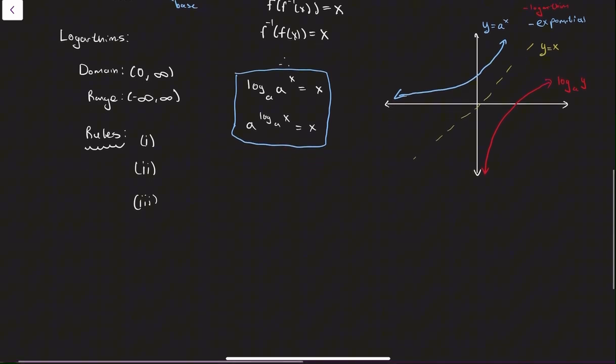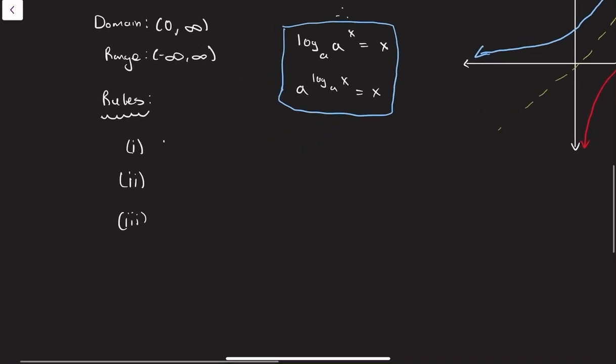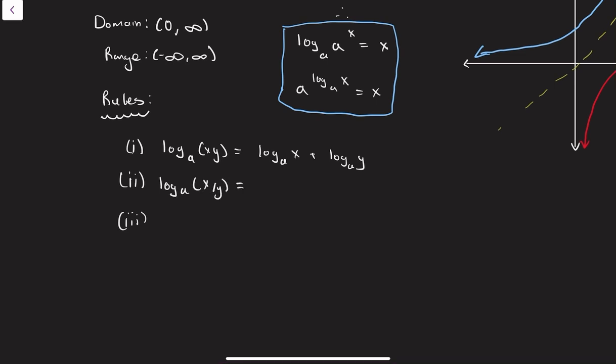Perfect. And now some neat rules with logarithms, and I'll move this down so we have a bit more room. If we have, let's say, log base a of xy, this is just equal to log a x plus log a y. And if we have log base a of x divided by y, this is equal to log a x minus log a y.